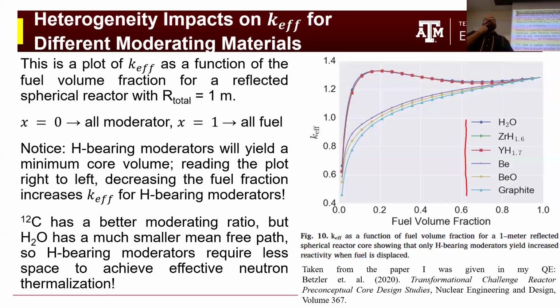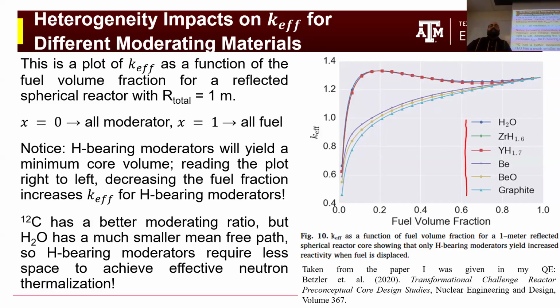But the issue with graphite and these other non-hydrogen bearing moderators is that their mean free path is very large. So if I have a large mean free path in graphite, it means that the neutrons go a large distance between collisions.